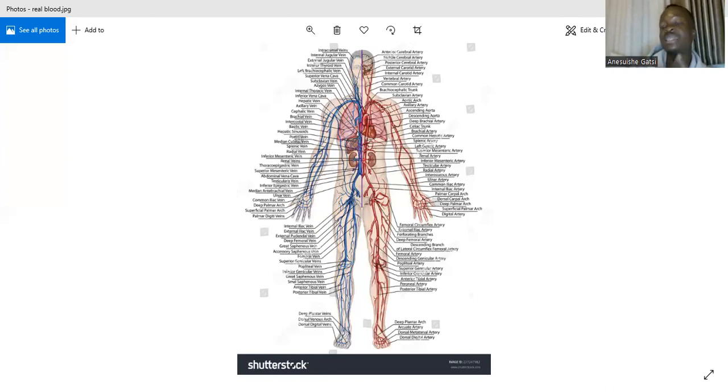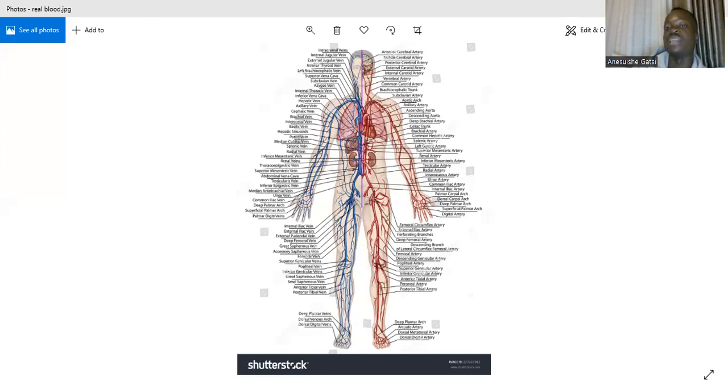Then you also get an accessory meningeal artery, which passes through the foramen ovale in company of V3, lesser petrosal nerve, and an emissary vein. Then you also get the inferior alveolar artery, which is the other branch from the first part, right? The second part gives you muscular arteries.